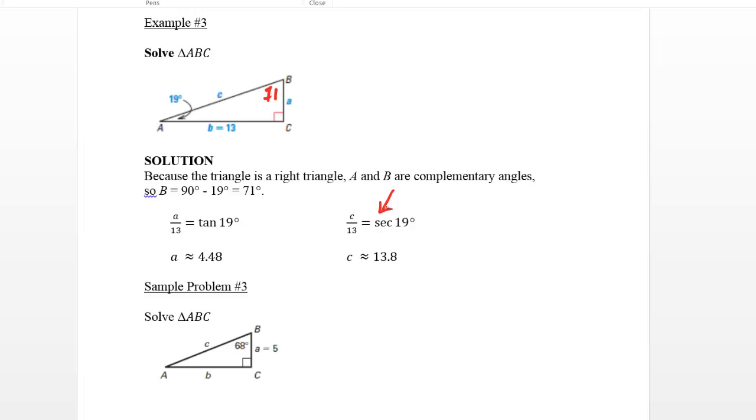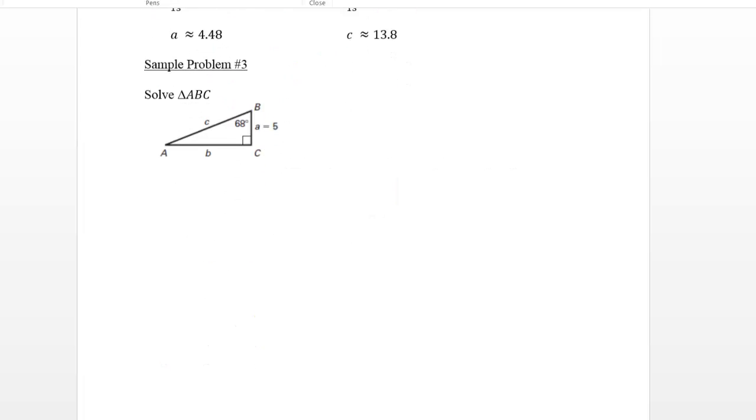So it's your choice at this point. I'll let you decide on how you want to do that. So go ahead and work sample problem number 3 and be sure to solve for all missing parts of the triangle.